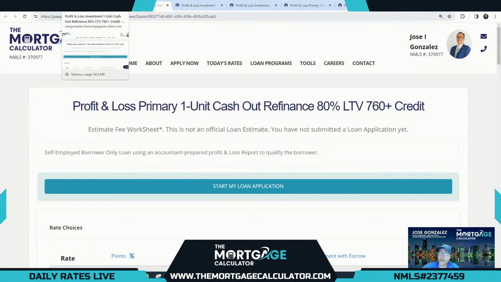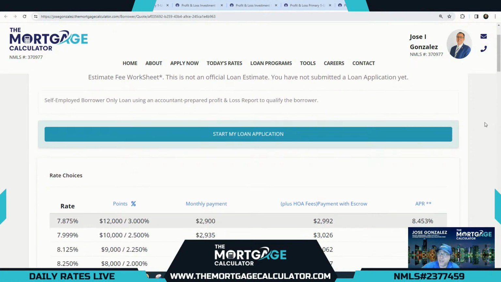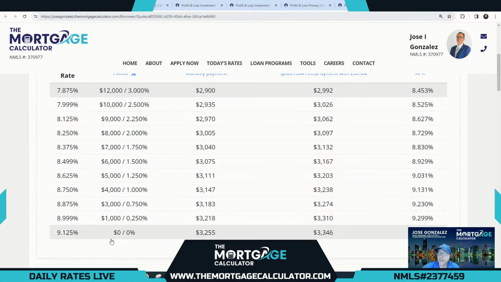And now for our last option here, it is our investment profit and loss cash out refi, also at 80%. So you'll see why 80% is the magic number. You get great rates even for investment cash out 80% using P&L.